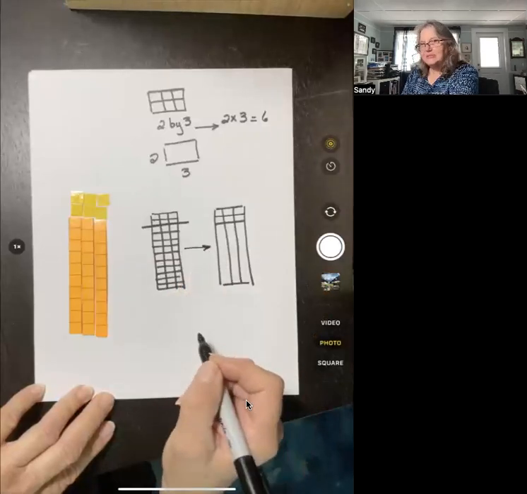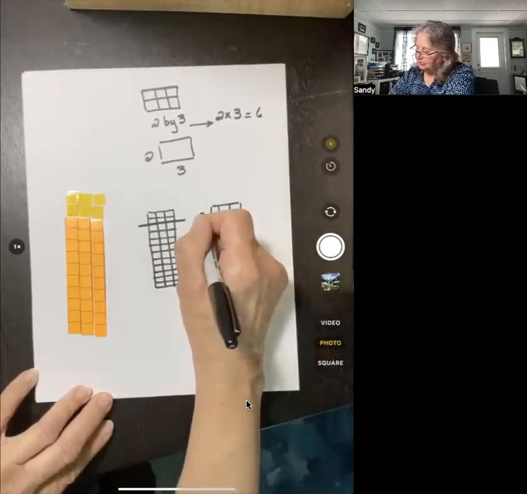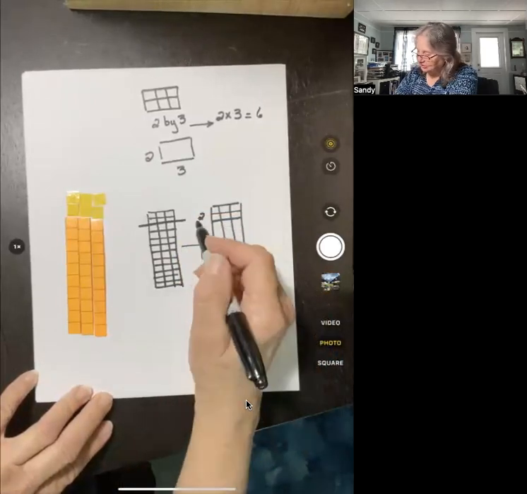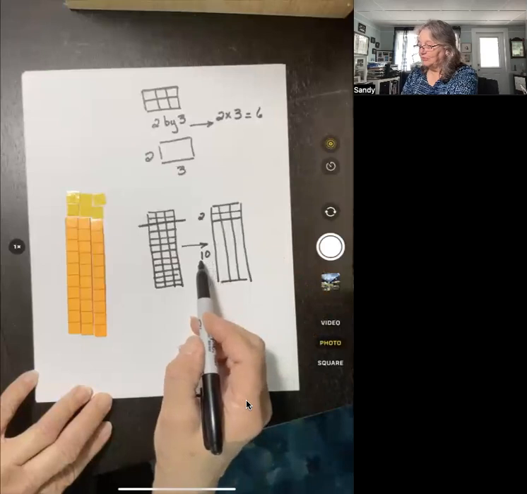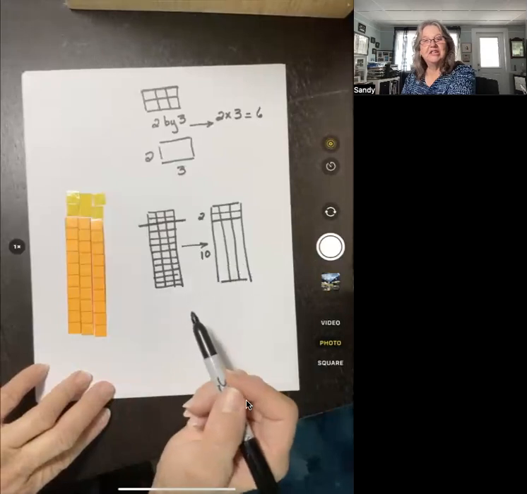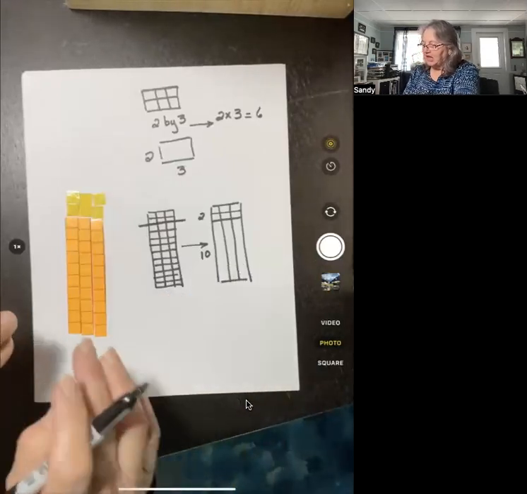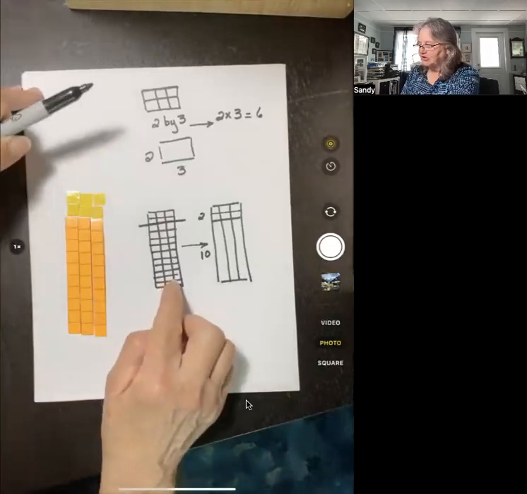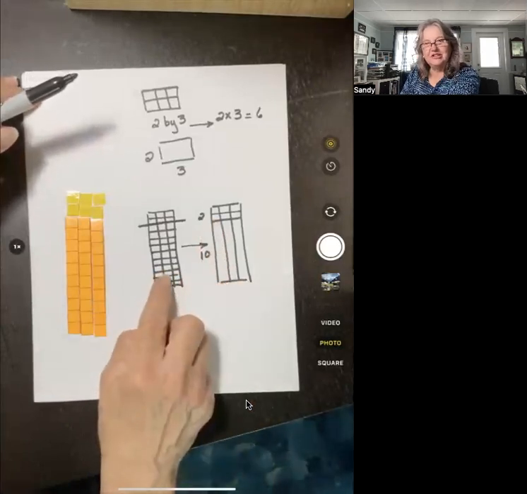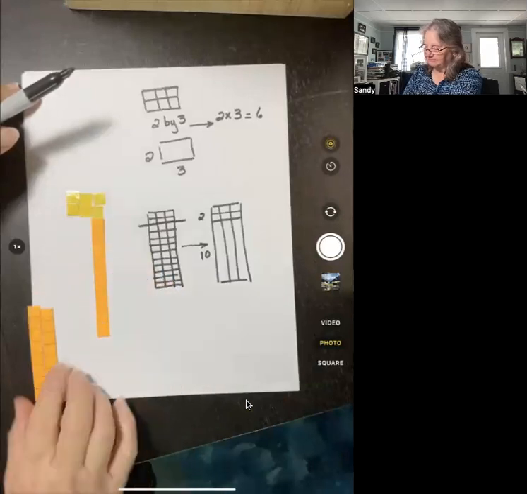Now you see what that lets me do is think of this 12 as 2 and 10, right? I've got 2 3s put together with 10 3s. Or if I turn it, 3 2s put together with 3 10s. In any case, this is the drawing. This model, for some of your children, it's hard for them to see this whole when they see all the squares outlined. But that's where this helps us because we can turn it over.